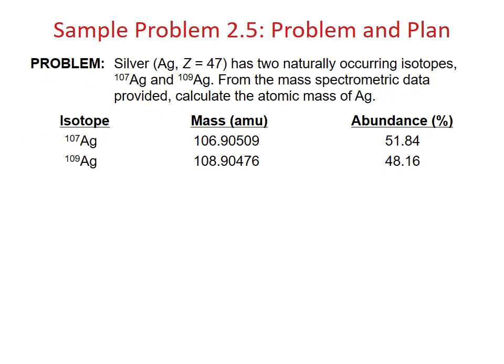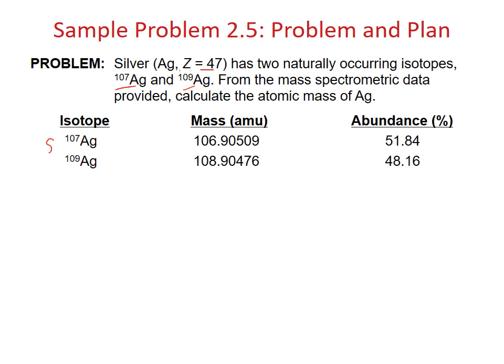Sample problem 2.5. Silver, atomic number 47, has two naturally occurring isotopes, silver 107 and silver 109. From the mass spectrometric data provided, calculate the atomic mass.